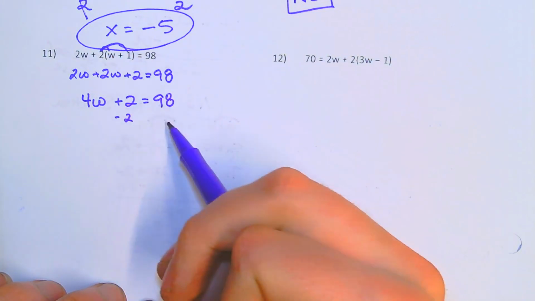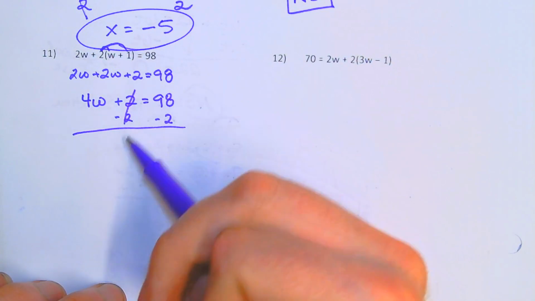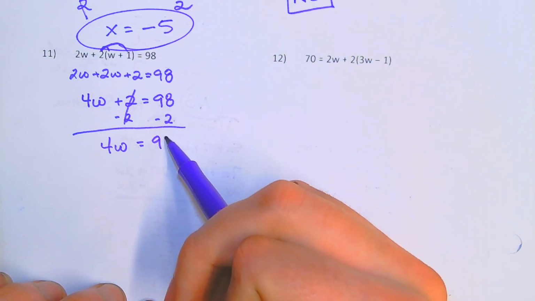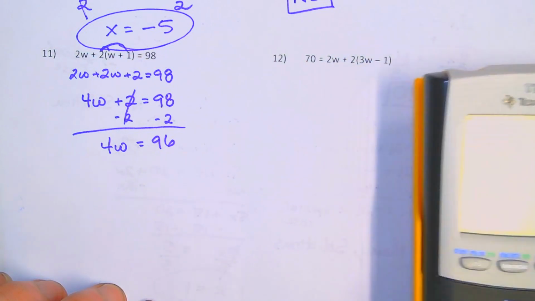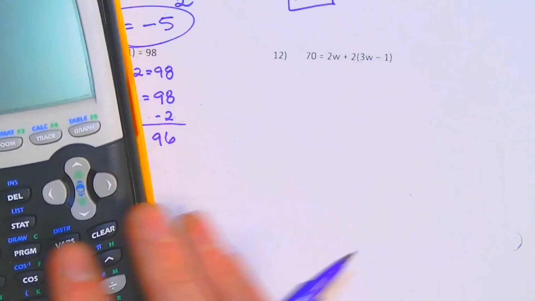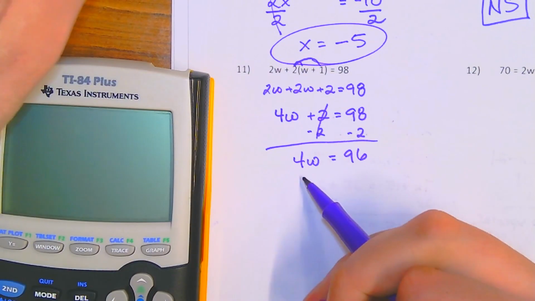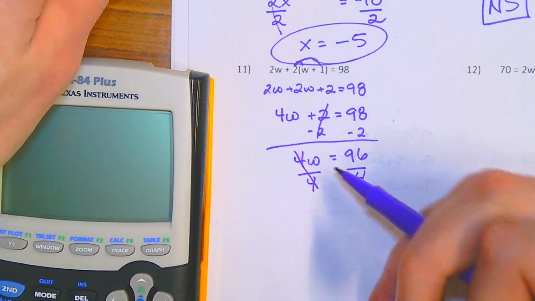And then we're just solving a normal equation, right? Then I subtract the 2 from both sides. 2 minus 2 cancels. 4w equals 96. Now, we might not be able to do this in our heads. That's okay. But if you need to use a calculator, remember, it's just division. All I have to do is divide the 4 off from both sides. Those cancel.